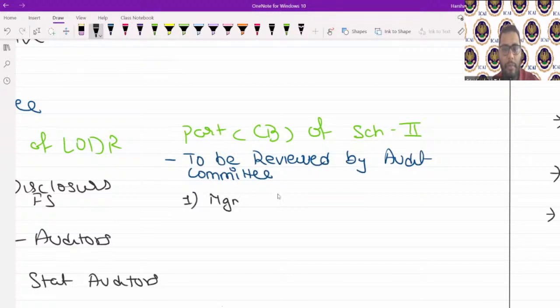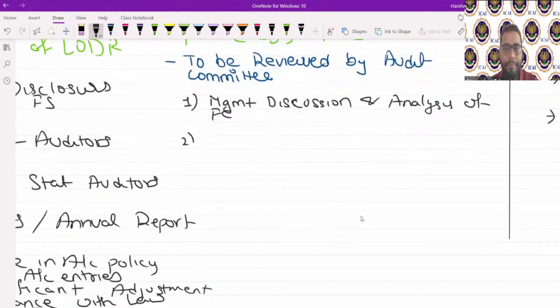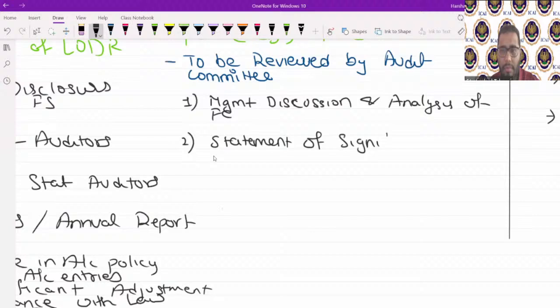Second, statement of significant related party transactions, as defined by the audit committee and submitted by the management.